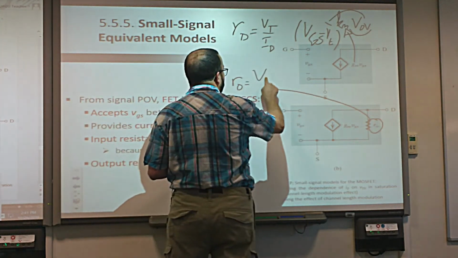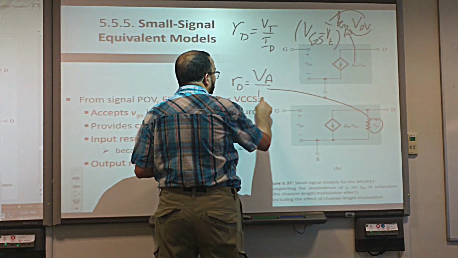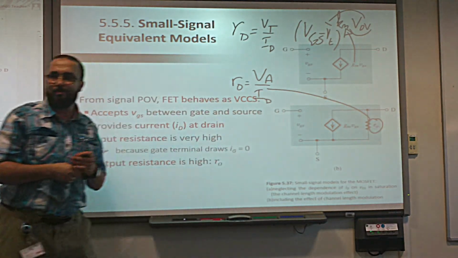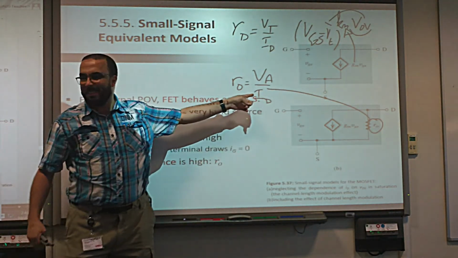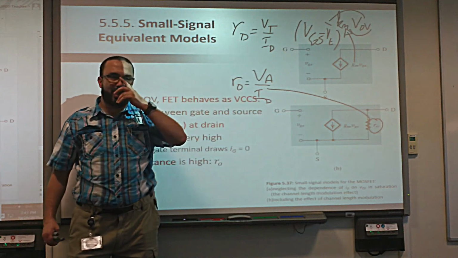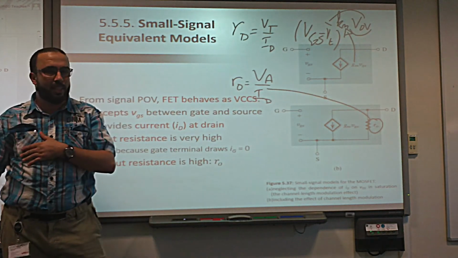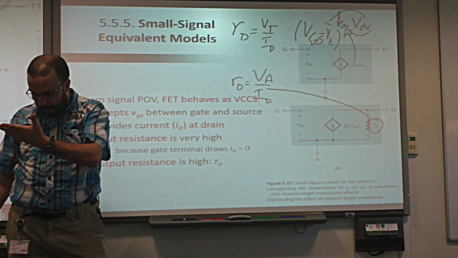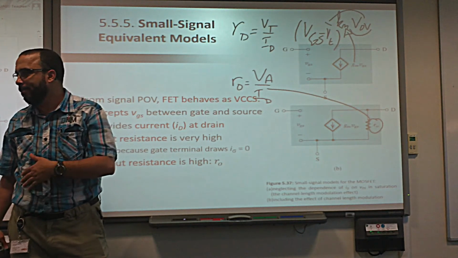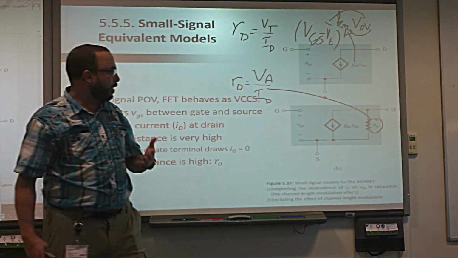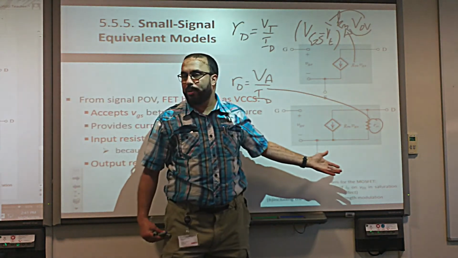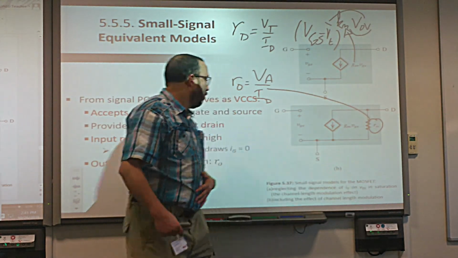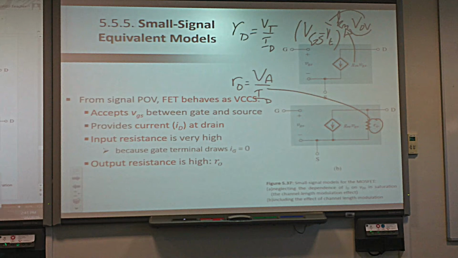That's another parameter that we need to remember: VA over ID. This is DC. VA is a constant. It's given to you in the data sheet. When you buy the MOSFET, you read the VA. Now we have a simple AC model for our MOSFET.